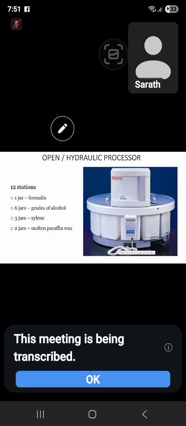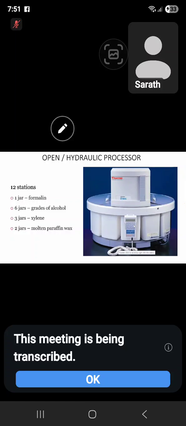There's a bucket here. You can load it here, and the whole thing transfers to the next one. Then that bucket comes and is immersed inside the solution. After a certain programmed time period, it comes up and goes to the next one. It goes like that, finally completing the cycle through all 12 containers, right? So this is called an open system.